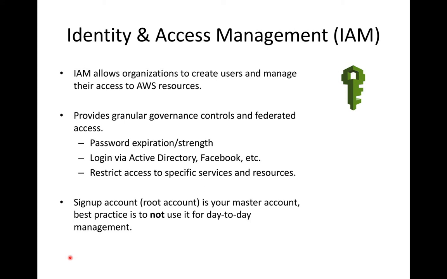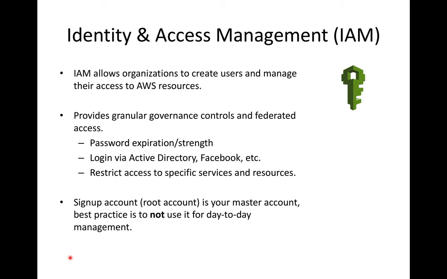The first service that we're going to take a look at in AWS is the Identity and Access Management Service, also known as IAM. The Identity and Access Management Service is a really important service within AWS. Essentially, it's the service that we use to manage all of the security credentials and policies within AWS.